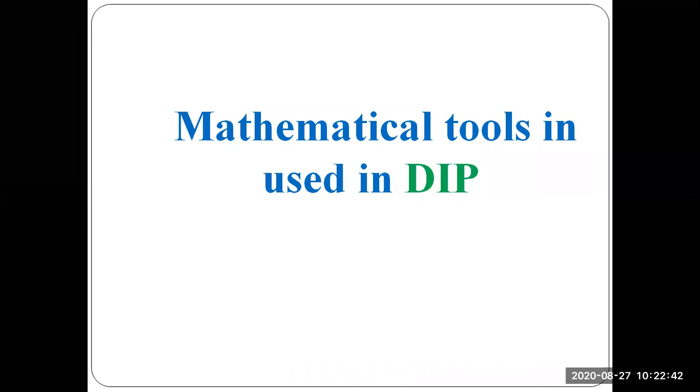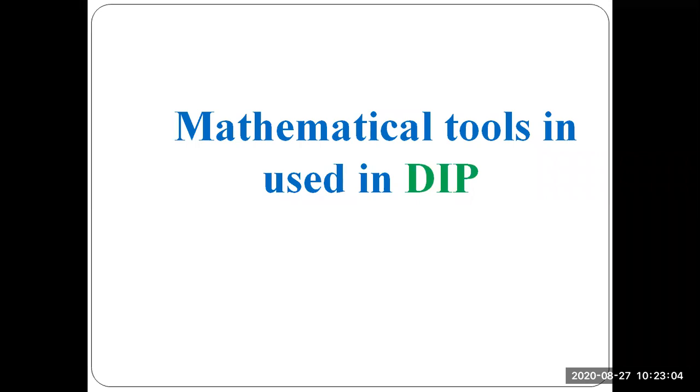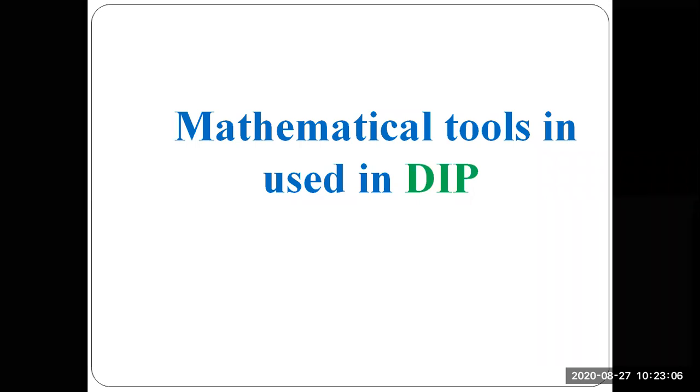And the sixth one is, after converting the analog image into the digital image, there is a formation of digital pixels, and the relations between those pixel values are covered in our basic relationships. Now we are in the last topic, mathematical tools.